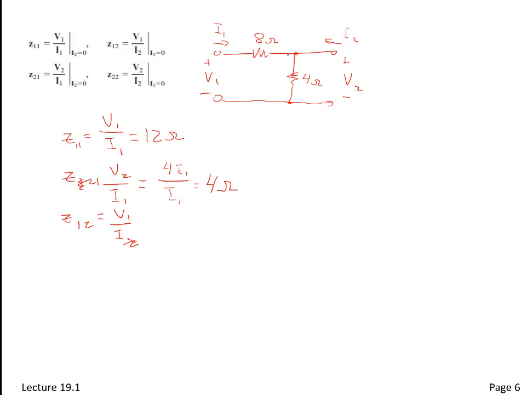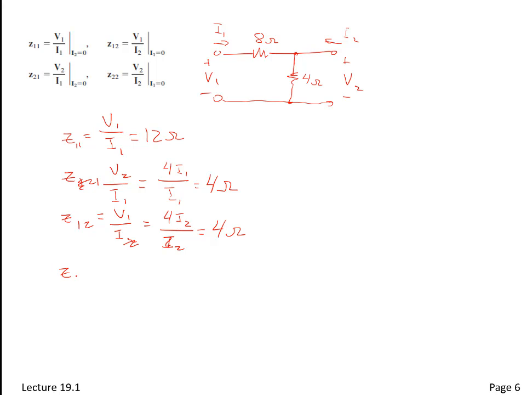The voltage here, V1, has no drop across this 8 ohm resistor. So it's going to be 4 times I2 divided by I2, so also 4 ohms. So we see, before we even finish, this is a reciprocal circuit.